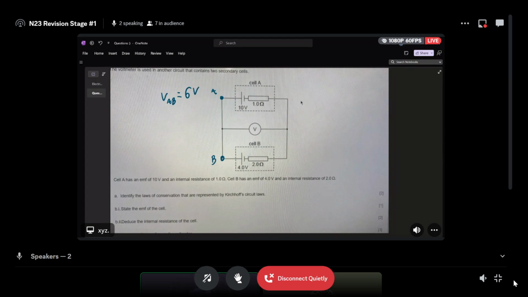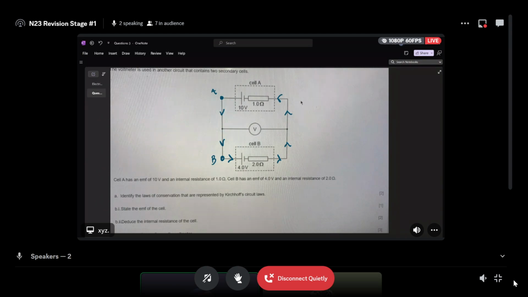That tells us that a good intuitive thought is that current will be flowing this way and through the battery this way.